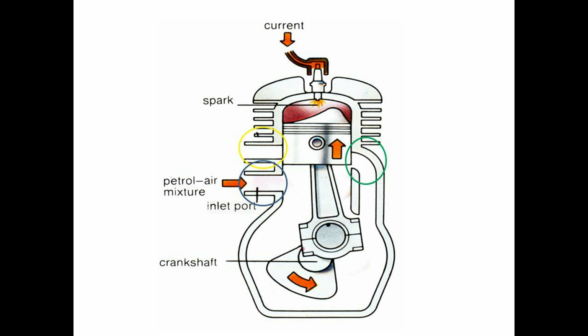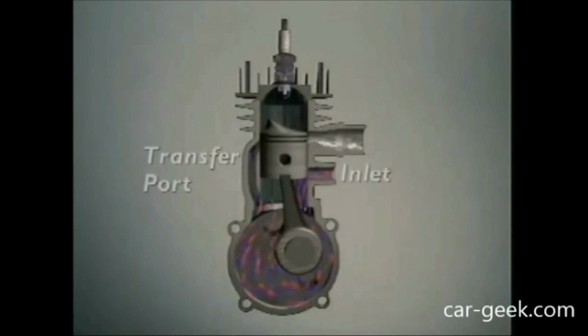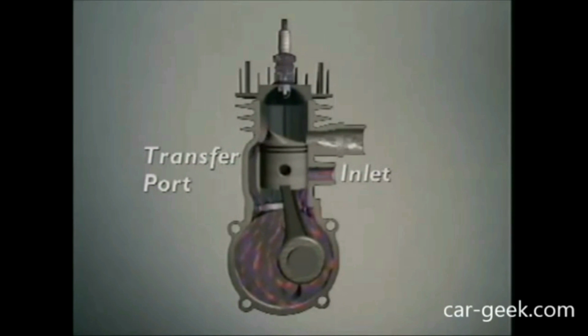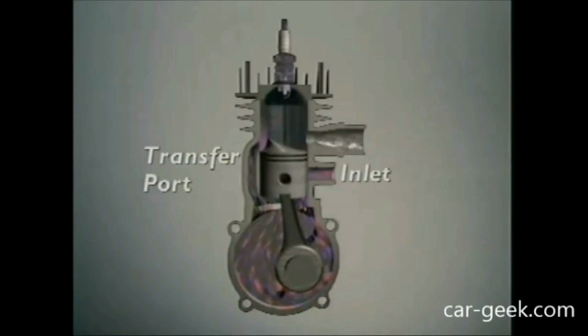As the engine runs, the piston moves downwards, compressing the air-fuel mixture in the crankcase. Right before the piston reaches the bottom of its stroke, an exhaust port is exposed, releasing the residual high-pressure gases from the combustion. Then, when the piston reaches the bottom of the stroke, the intake port is exposed.